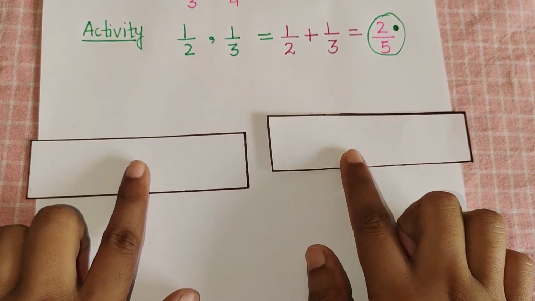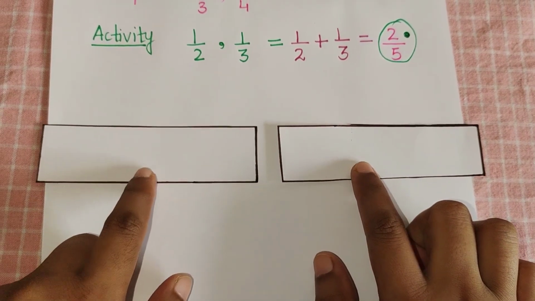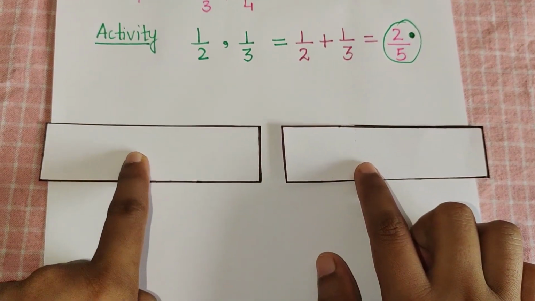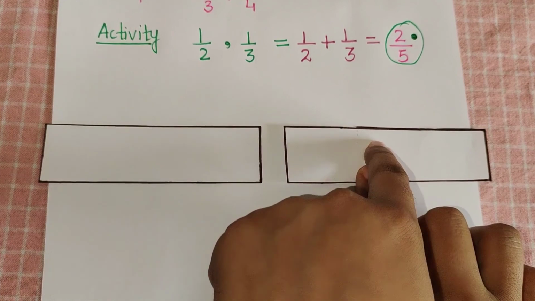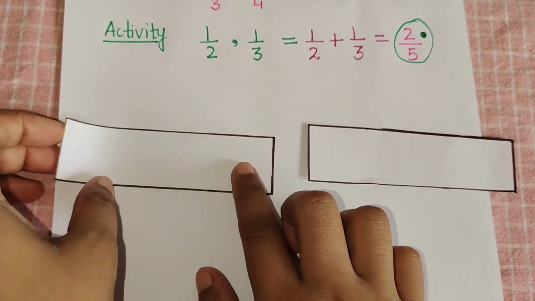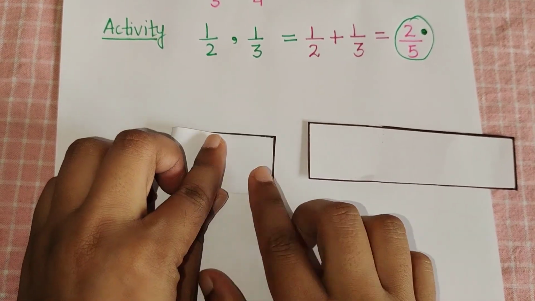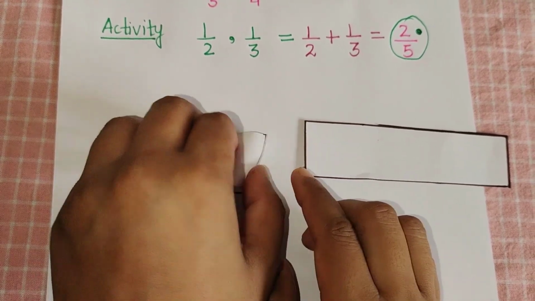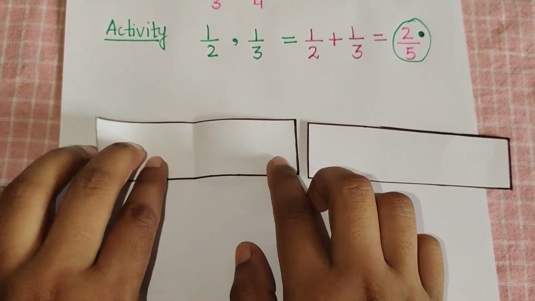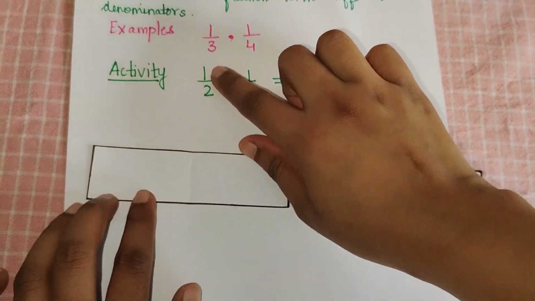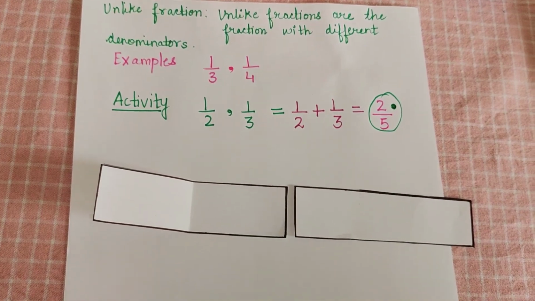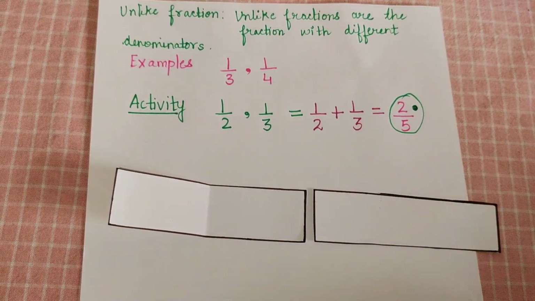We require two strips to show our fractions. 1 by 2 I am going to show here and 1 by 3 I am going to show here. So I am going to fold it into two halves. This represents 1 by 2. Now I am going to shade one region because 1 is mentioned here. For that you need a crayon of any color.